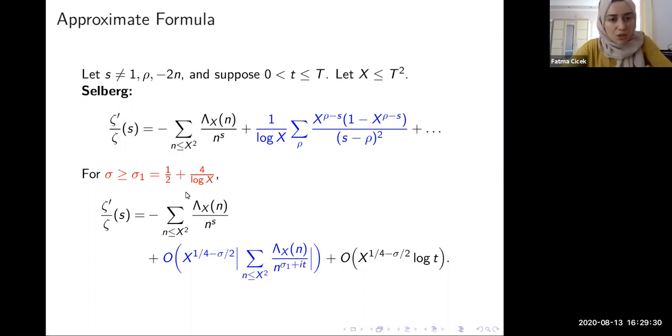So this red sigma value is like a threshold for us. When sigma is big enough, we have a nice polynomial approximation, and sigma is really close to 1 over 2. But we want to be able to get even closer than just 4 over log x. We want to get smaller than some constant over log t. So how do we do that?